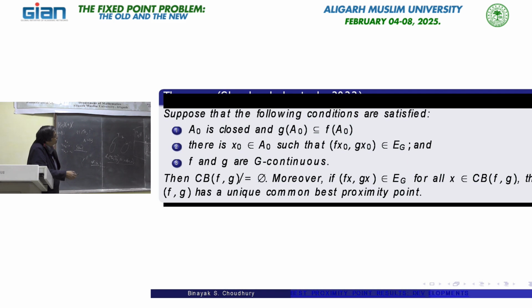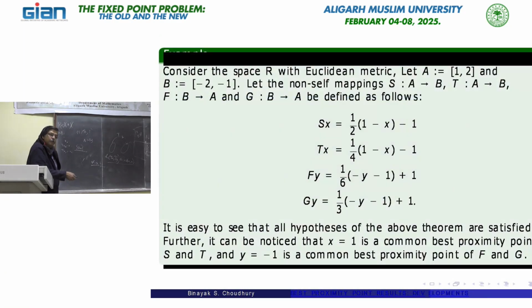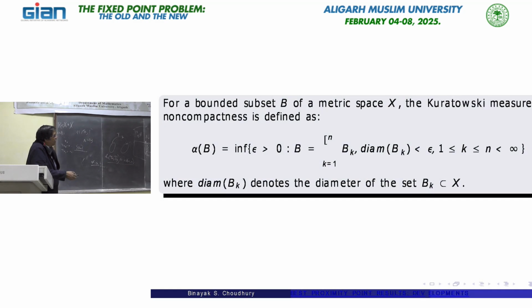And now, this is the measure of non-compactness. It also plays a very large role in the whole process, and Professor Javid has proved certain results on proximity point using measure of non-compactness.